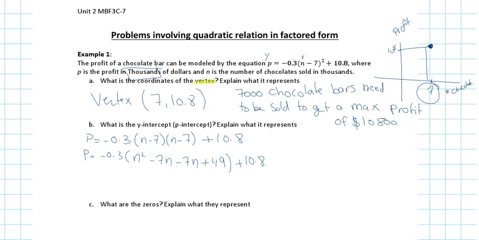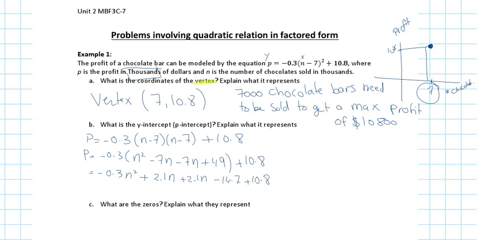So that's going to give me negative 0.3n squared plus, because negative times negative is positive, 2.1n plus 2.1n, and then minus 14.7 plus 10.8.